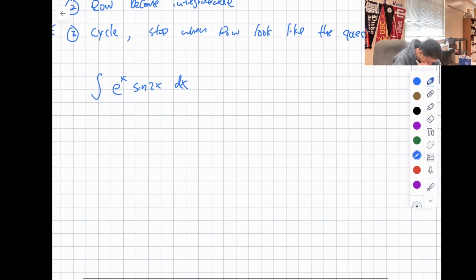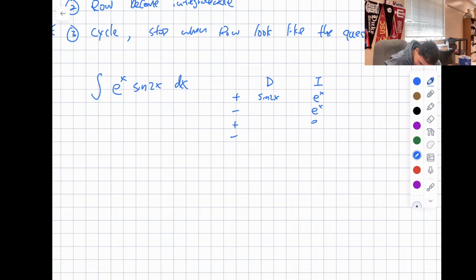So what we're going to do is DI, right? LIATE decides what u equals. In this case, what's u? Sine 2x, right? And there's a plus, minus, plus, minus if I want to write out another sign. And I'm going to write down e^x, e^x, e^x, e^x as I integrate it.